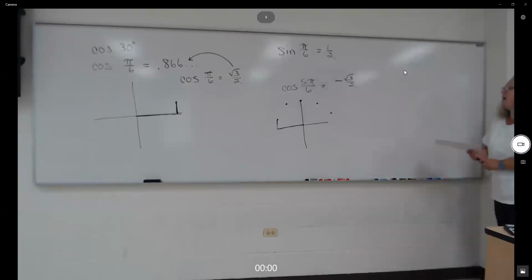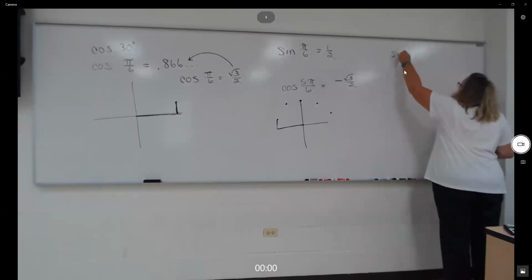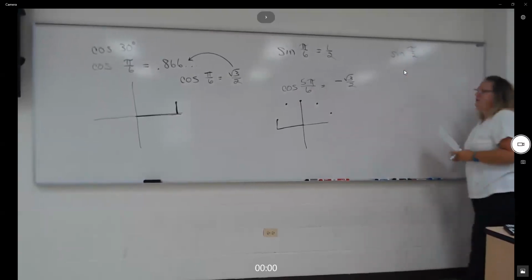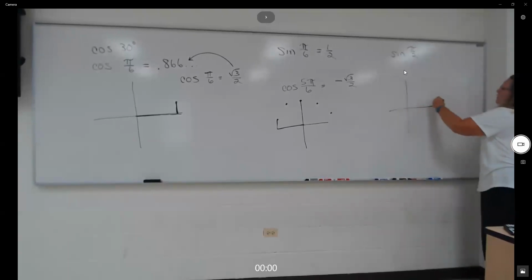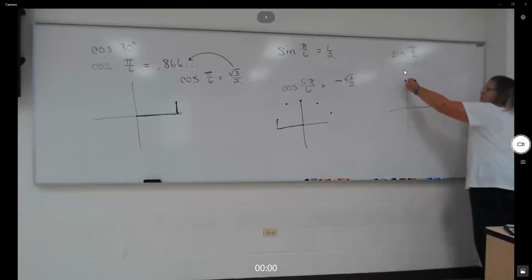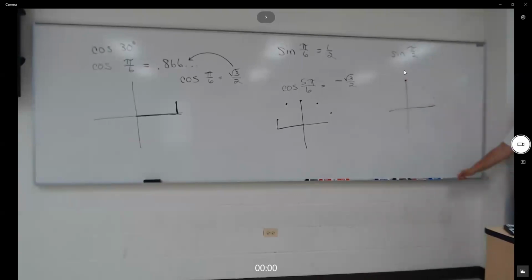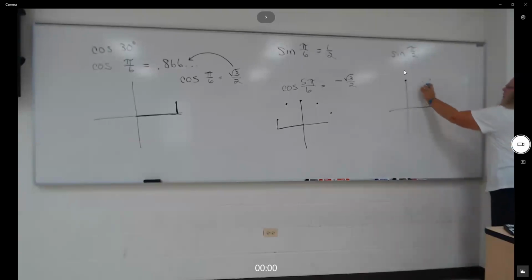How about sine of pi over 2? Am I going to count by sixes or am I going to count by fourths? It doesn't matter, right? You could either do 1/6, 2/6, 3/6, or if you count by fourths, this would be 1/4, and this would take you to 2/4.